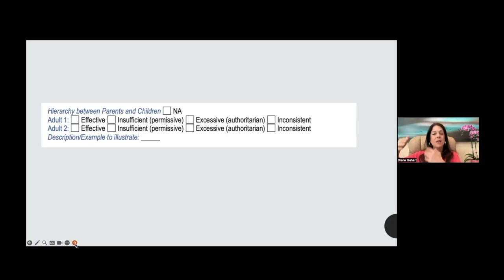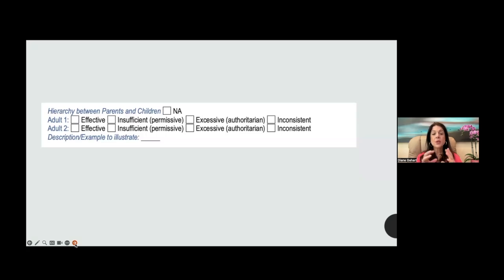Then they quickly back off of that, and we're back to permissive. They back off what they said. And even with couples, if you have one parent who's permissive and the other's authoritarian, you want to get them on the same page, because the contradictory messages that the kids could be getting could be the source of a lot of the stress for the individual child or the family.